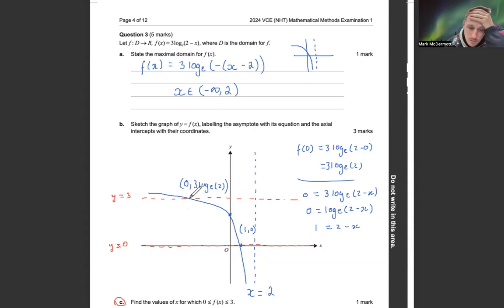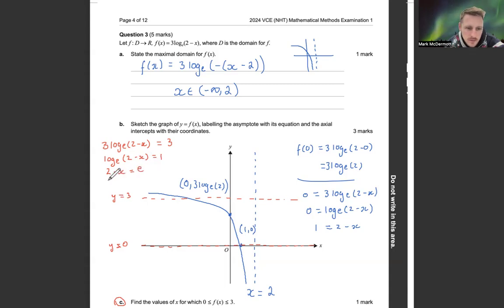Okay, and so what we need to know is that the maximum x value we can have is 1. So let's think about what the minimum is. We need to set the function 3 log e of 2 minus x equal to 3, because we want to know when the whole thing equals 3. So we're going to get log e of 2 minus x equals 1, divide everything by 3, and then we get 2 minus x equals, all right, raise both sides to the power of e, so we get e.